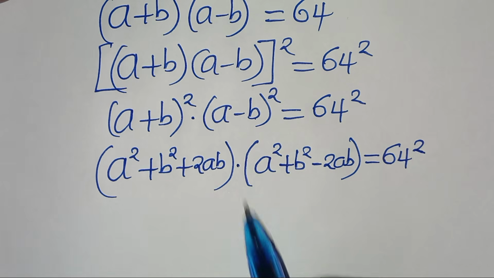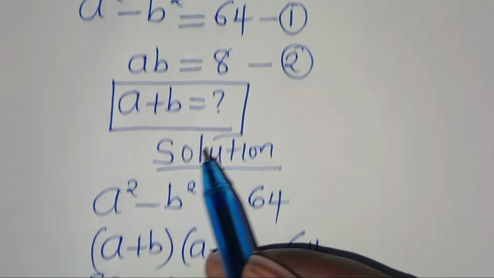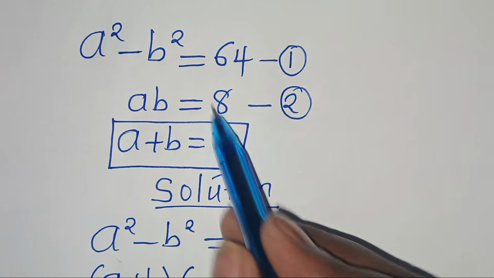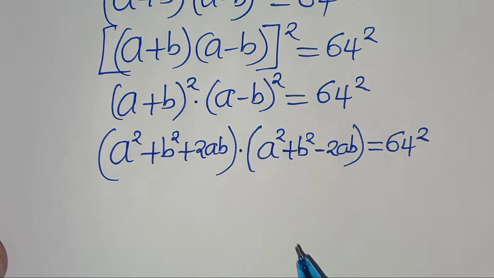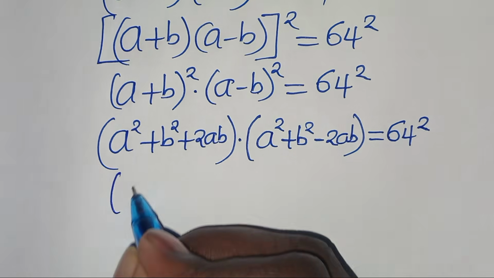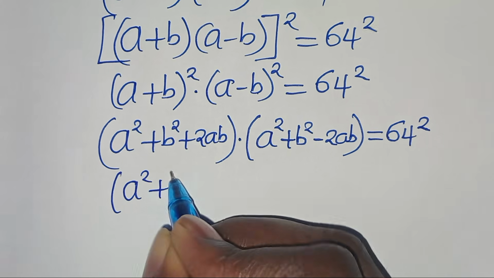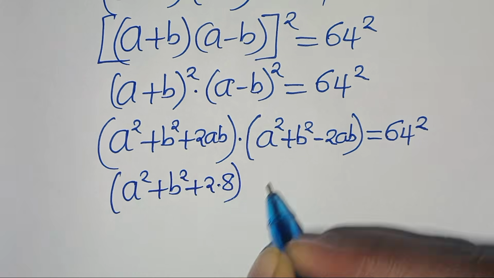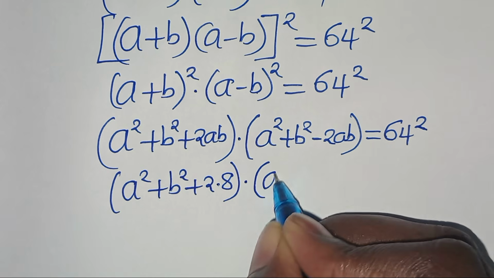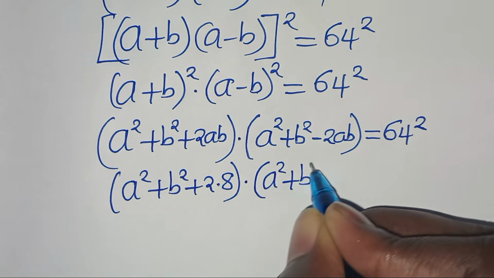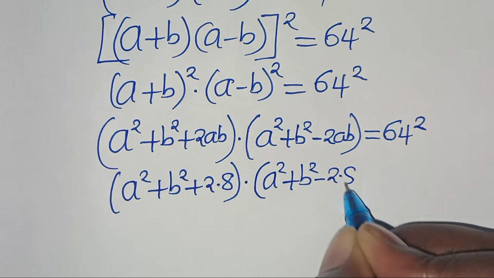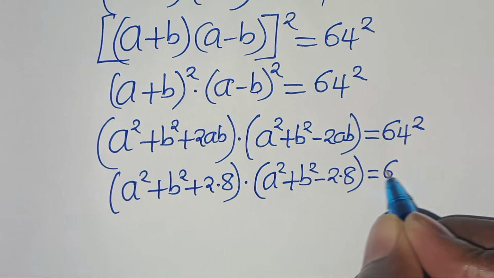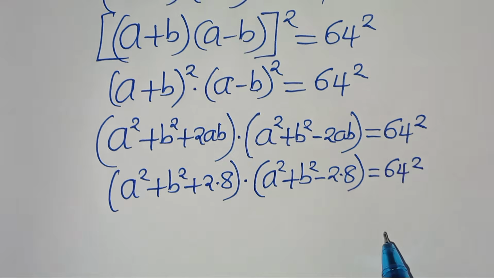Now we have a times b, which is equation 2, equal to 8. So let's substitute 8, so that now we have a squared plus b squared plus 2 multiplied by 8, then a squared plus b squared minus 2 times 8, equal to 64 raised to the power of 2.